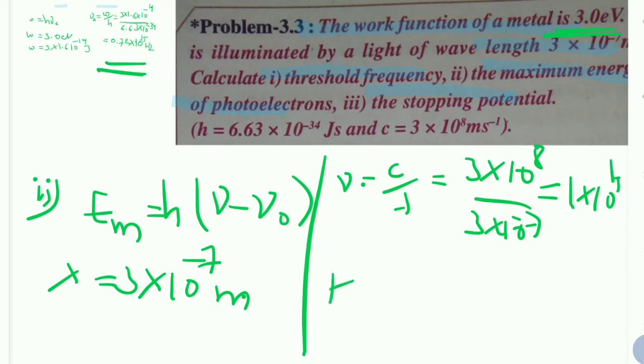So K maximum is equal to h into nu minus nu naught.